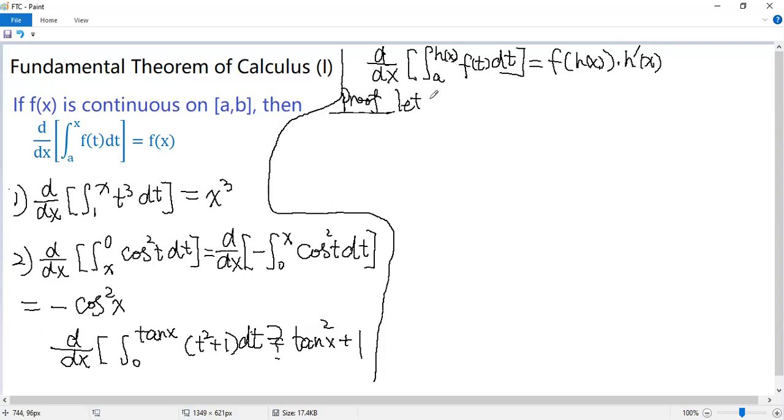We let capital F(x) equal the integral from a to x of f(t) dt.